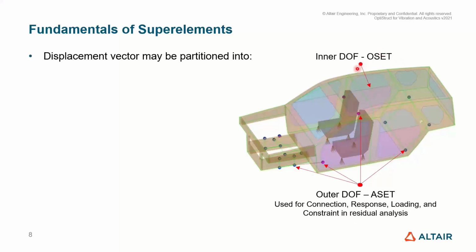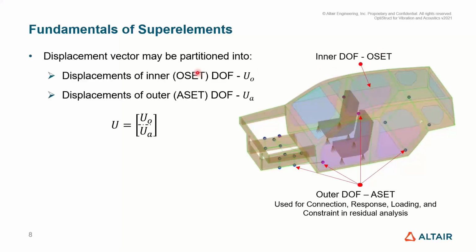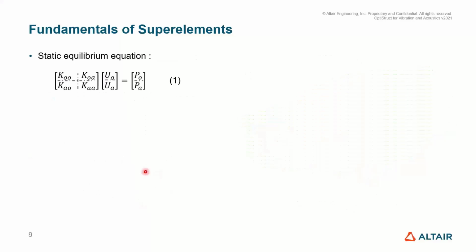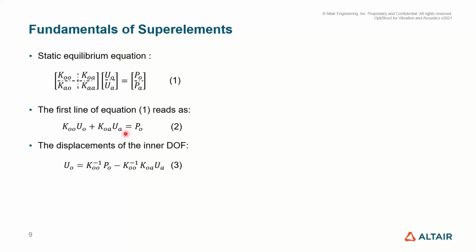With this, the displacement vector can be partitioned into UO and UA. Accordingly, the static equilibrium equation can also be partitioned. Okay, let's expand on this point. With this partitioned equation, the first line reads as this times this equals PO.